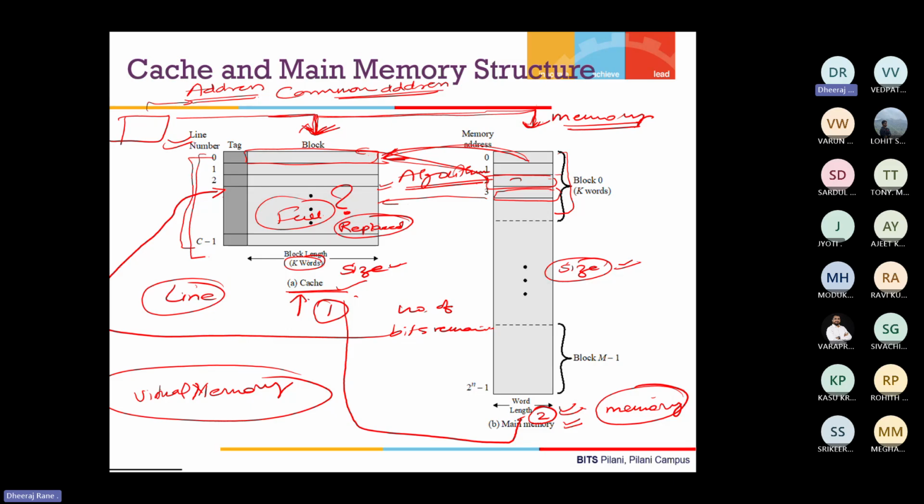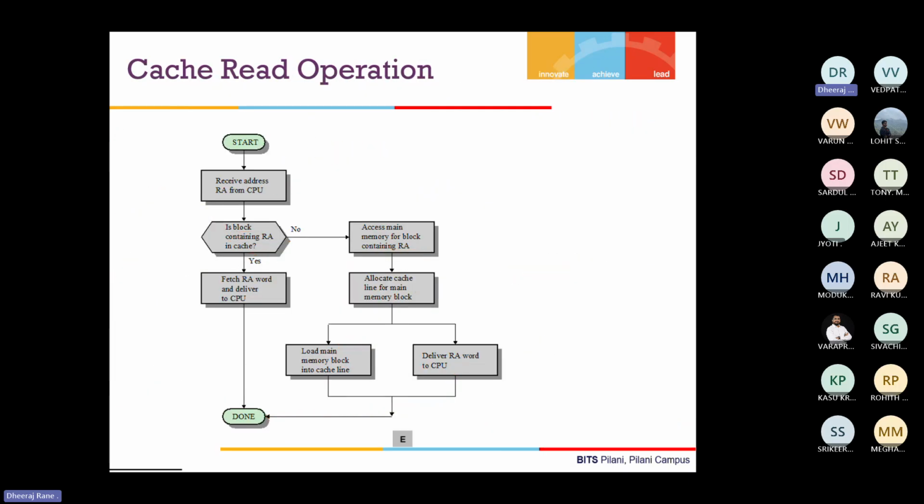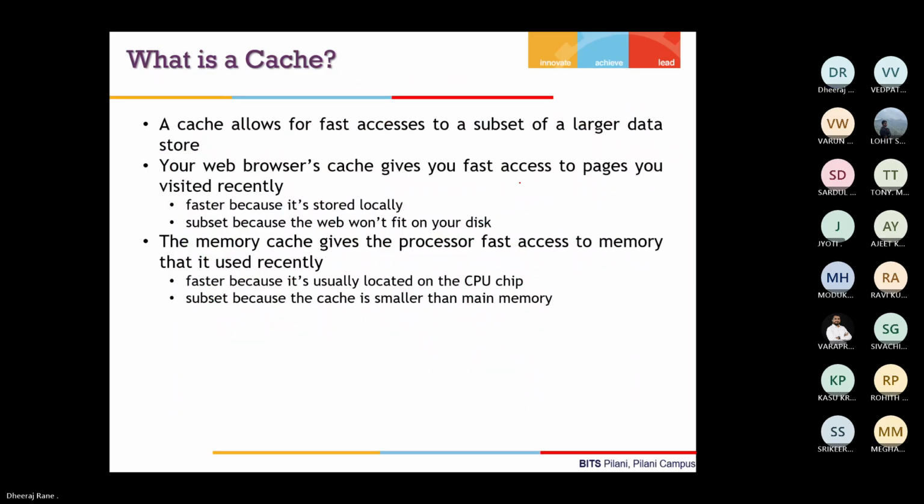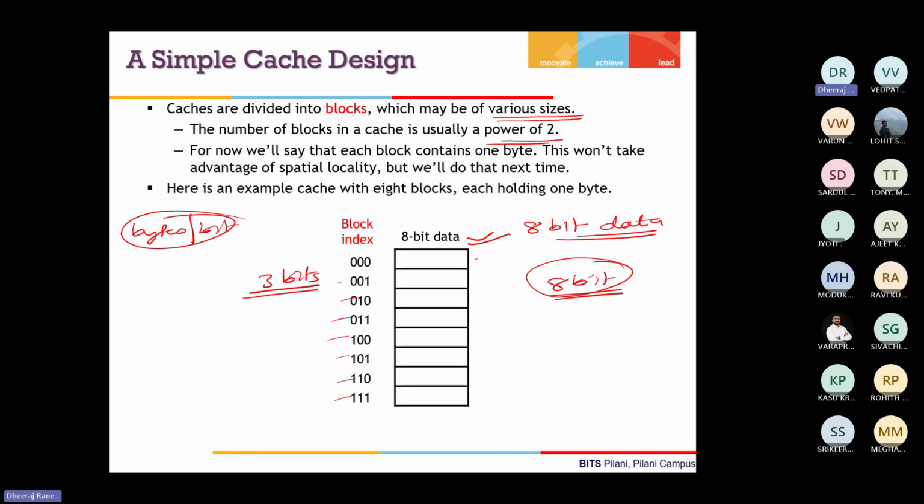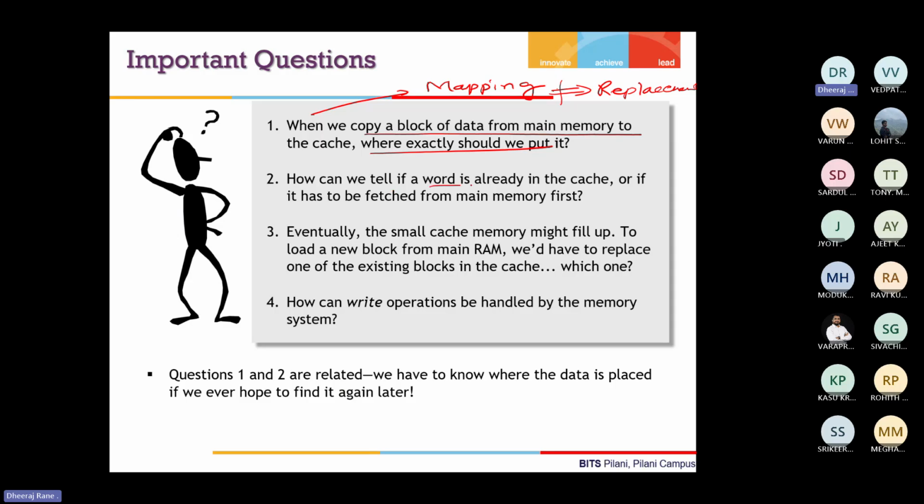So what we did for the first time is receive an address, and we are checking whether the data you are seeking, or the block you are seeking, is in cache or not. So that way we will see what exactly the methodology is based on which we make a decision. Okay, and the small memory may fill up. This is the exact replacement algorithm.